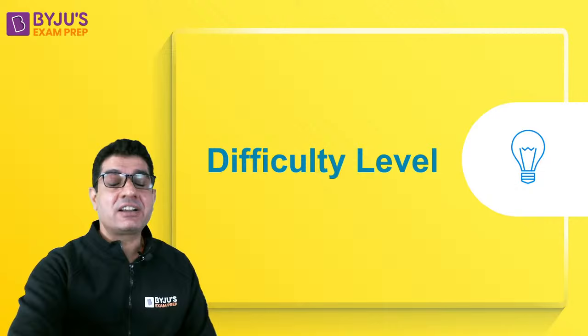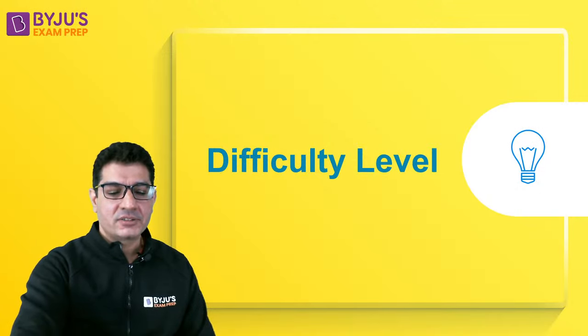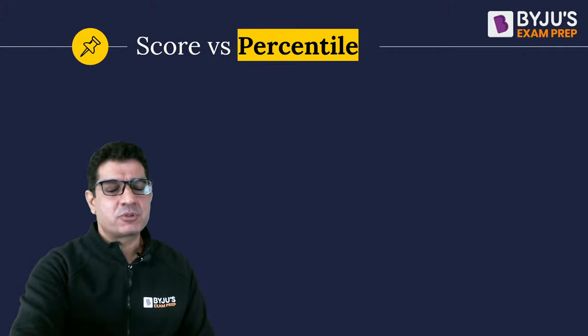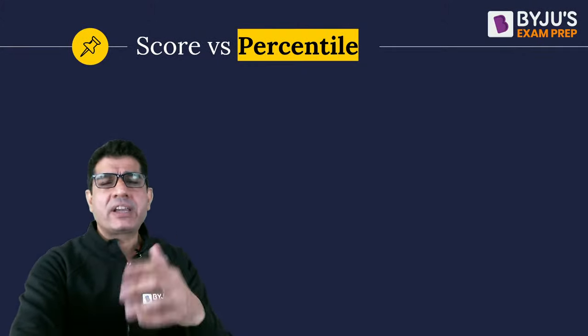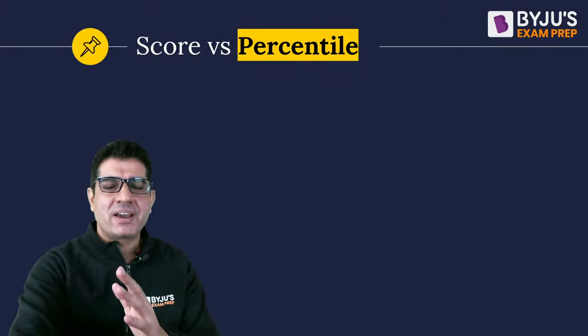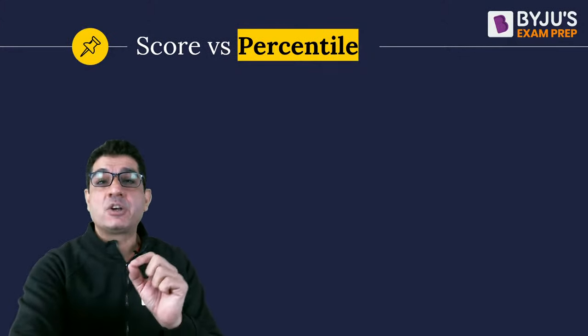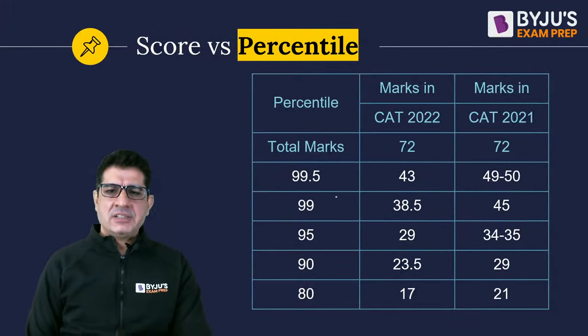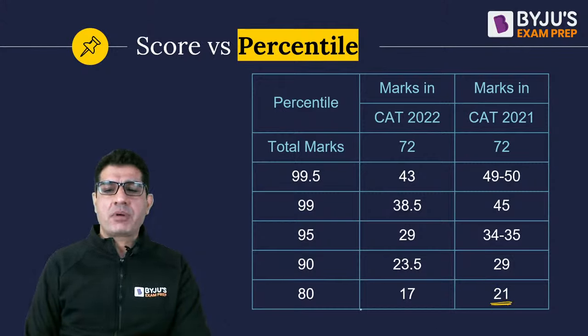So here is that hard data for the CAT 22 exam. Let's look at what kind of percentile people got at what score. I am going to compare CAT 22 with CAT 21. Have a look at this. In CAT 21, anybody who scored 21 marks managed to get 80 percentile.